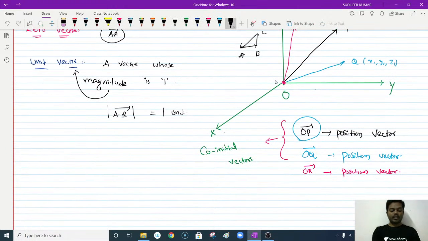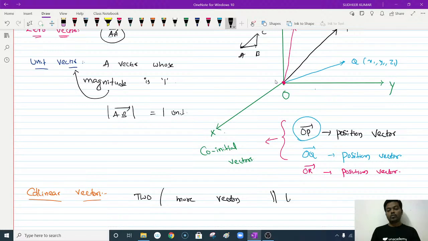And the next one, collinear vectors. What are these collinear vectors? The collinear vectors are two or more vectors parallel to a straight line.